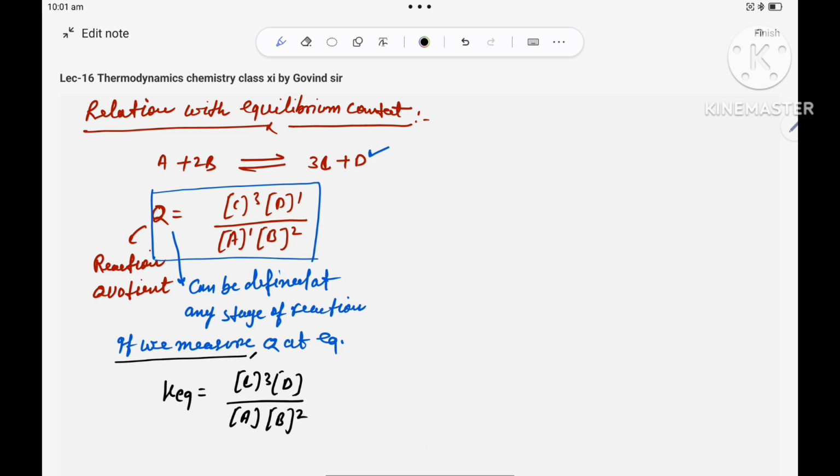So at the equilibrium, children, Kc, that means Q is equal to equilibrium constant. That's it. If you are defining it at equilibrium, then reaction quotient is equal to equilibrium constant.